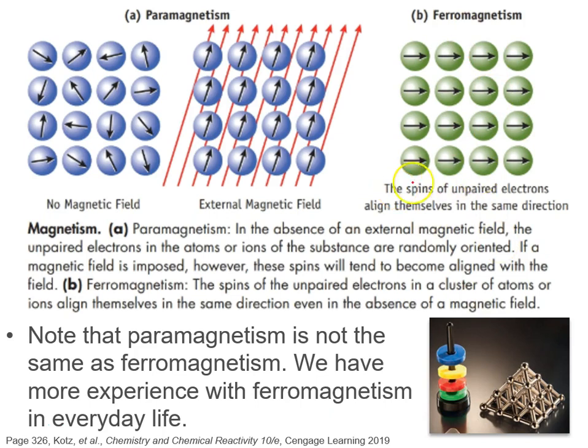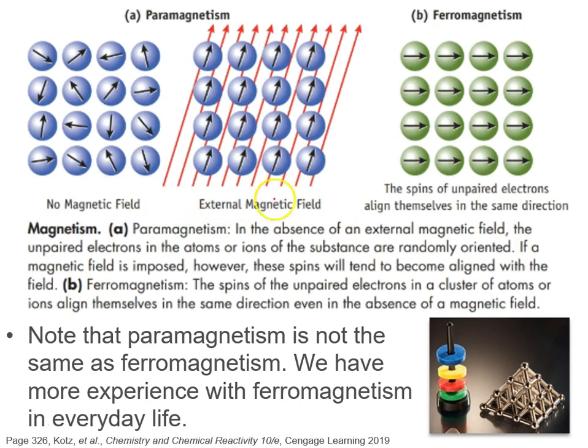Here the spins of the unpaired electrons all align themselves in the same direction, and they do that even if you don't apply a magnetic field to them. Whereas what we were just showing is that if we have unpaired electrons without a magnetic field, then the unpaired electrons are randomly oriented.